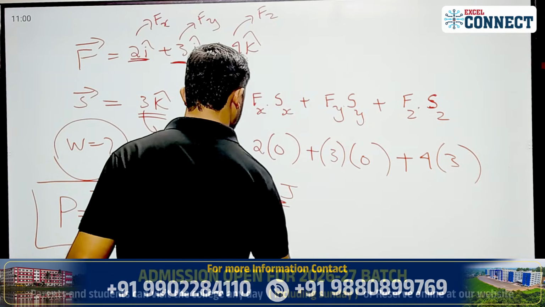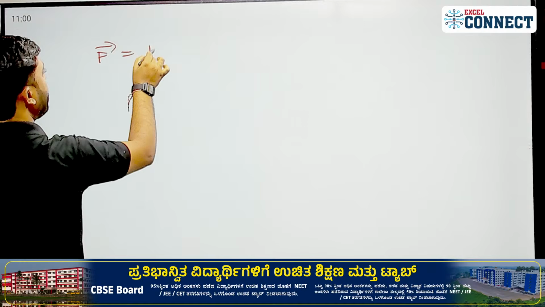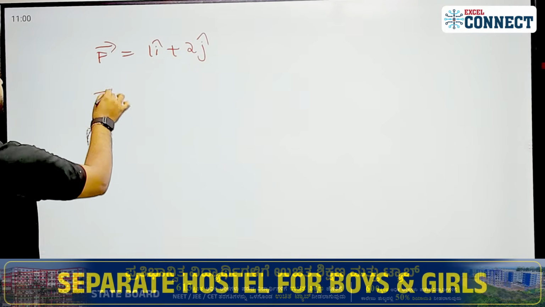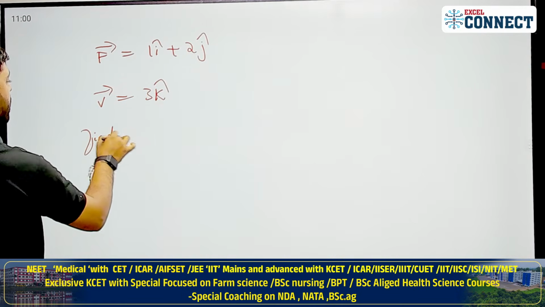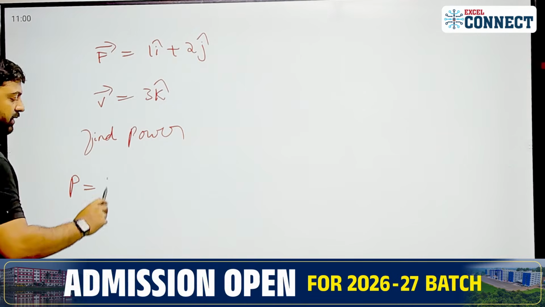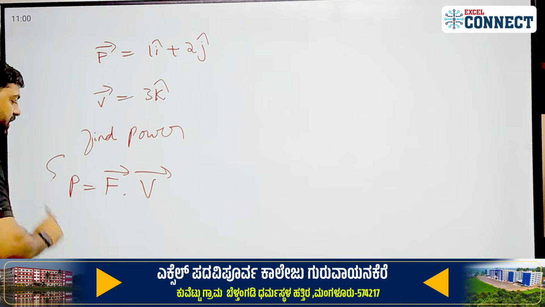So if force is given as 1i plus 2j and velocity is given as 3k cap, find power. The power is force dot V. This is the formula.